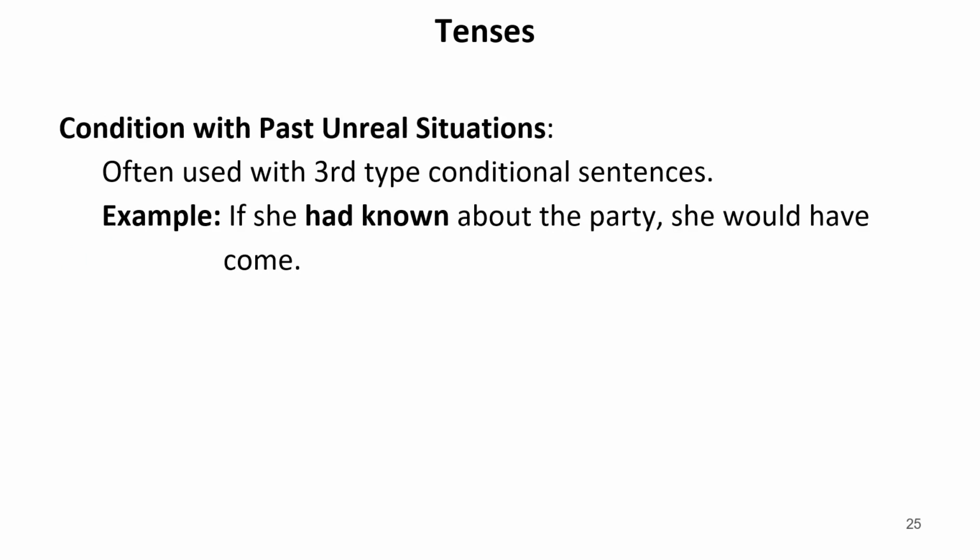Condition with past unreal situations, often used with third type conditional sentences. Now in the structure of the third type condition, we have if, then two clauses. The clause immediately after if should be formed like subject plus had plus verb third form.